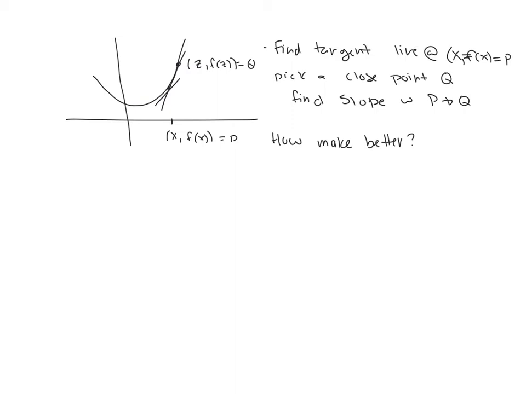And that's how you make it better. So you make it better by making P and Q closer together. In other words, you send the letter Z towards X. Does that make sense? If Z gets closer to X, then those points P and Q are going to get closer together.